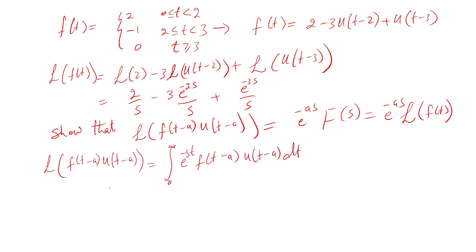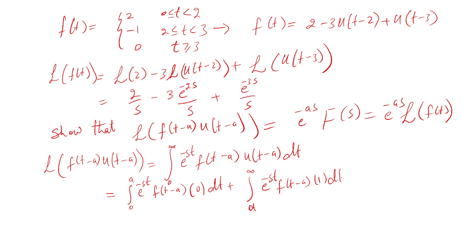So we have to split into two parts: from 0 to a, e^(-st) f(t minus a), and the unit step function here is 0, and then from a to infinity, e^(-st) f(t minus a), and the unit step function here is 1.